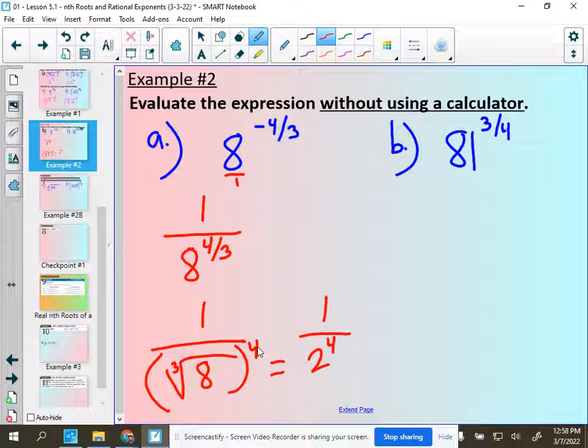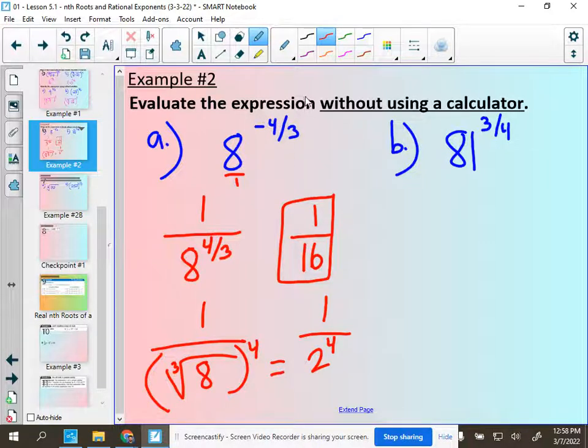So when it's all said and done, I kind of took a roundabout way to get here. This simplifies to 1 over 16. So again, that's all getting done without a calculator. I would expect everyone can do 2 times 2 times 2 times 2, whether it's paper, pencil, or in your head, to get 16.